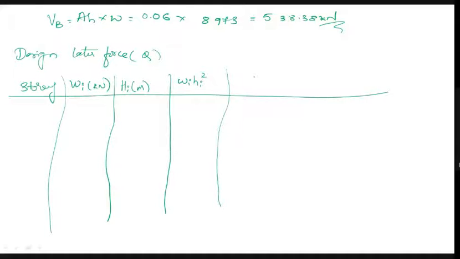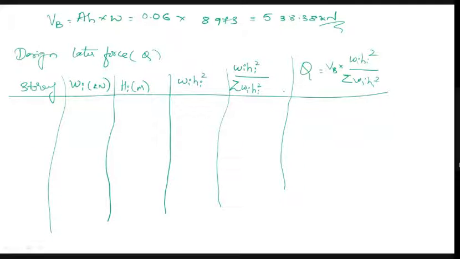Just split the formula, that's it. Then we have WI HI square divided by summation of WI HI square. Then we have Q equals base shear multiplied by WI HI square divided by summation of WI HI square. This formula, we have just split it.